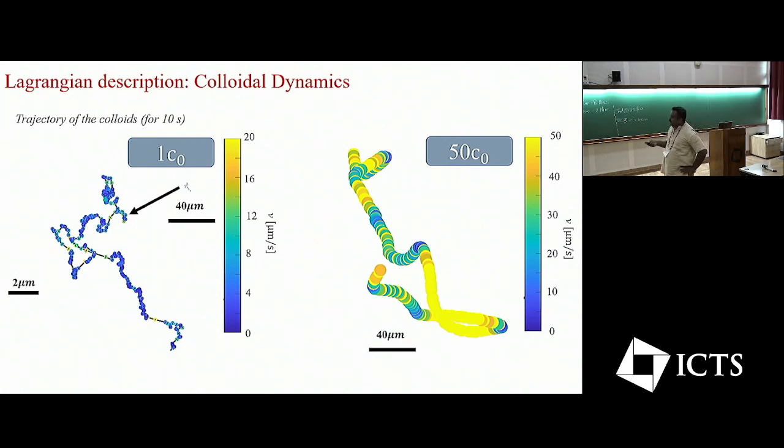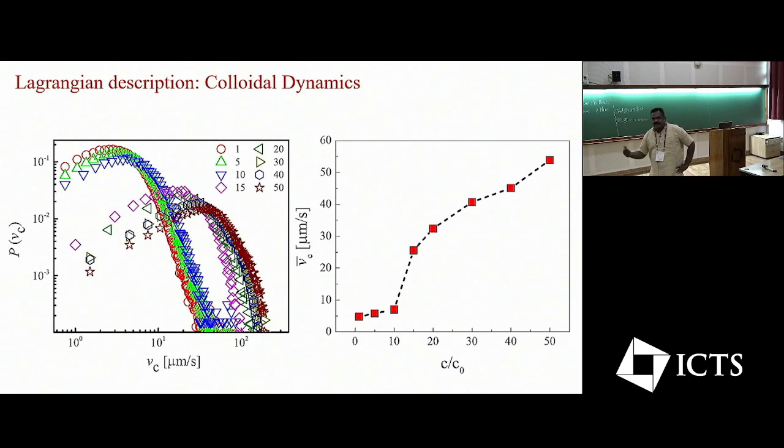We then extracted the overall velocity profiles of all these colloids, and if I plot the mean of this velocity as a function of the concentration of the underlying bacteria, you can see initially the variation is not much, and beyond some bacterial concentration, the colloids start showing much larger velocity, indicating some kind of transition to collective dynamics.